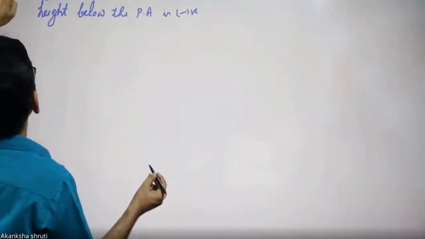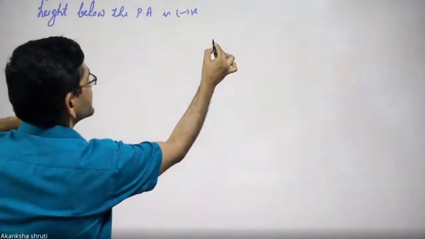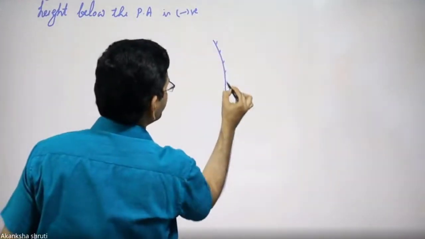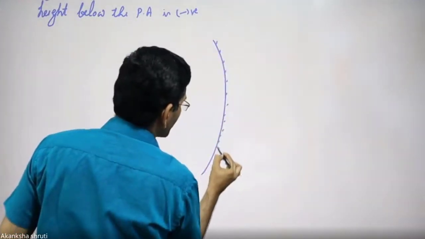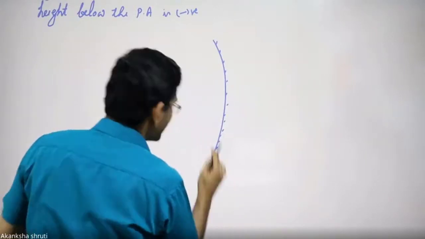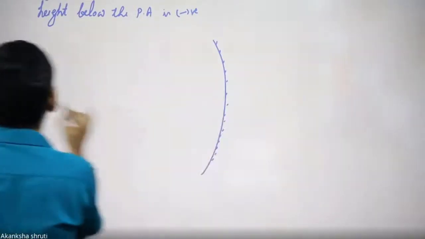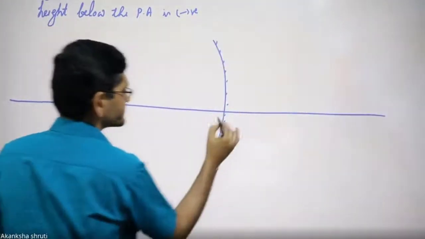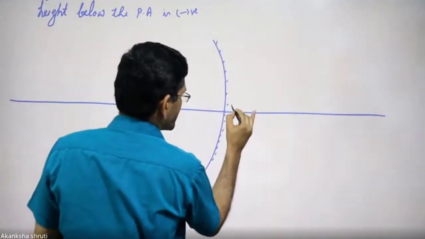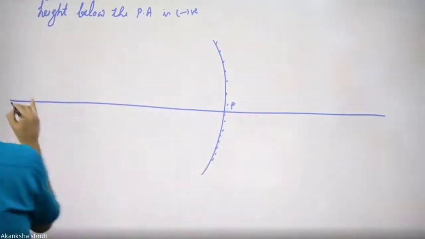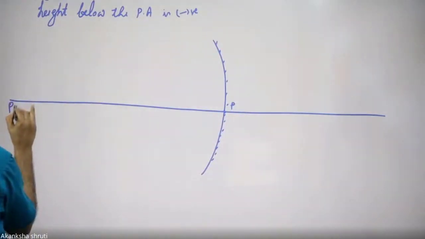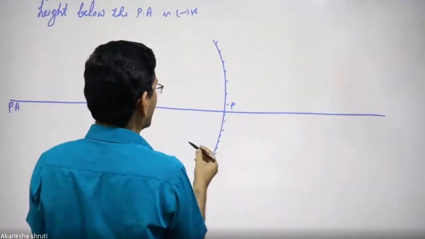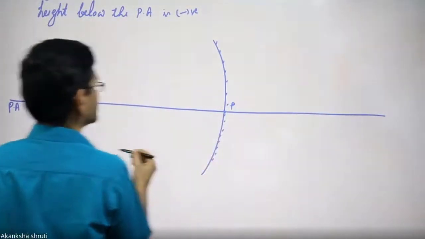Or once more, students, I am considering a concave mirror. Student, it doesn't matter whether you are taking a concave mirror or convex mirror. Then this is the pole. It is our principal axis, which is acting as the horizontal axis or like the x-axis.